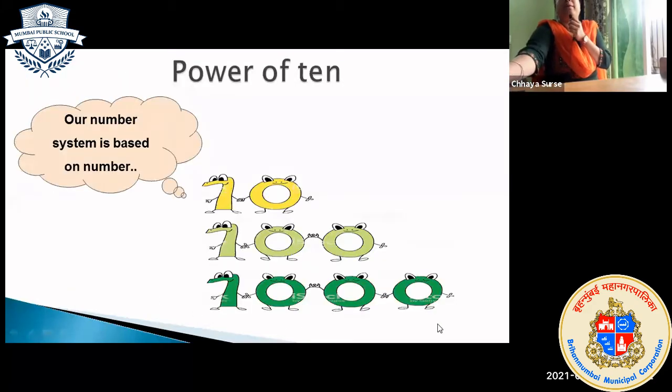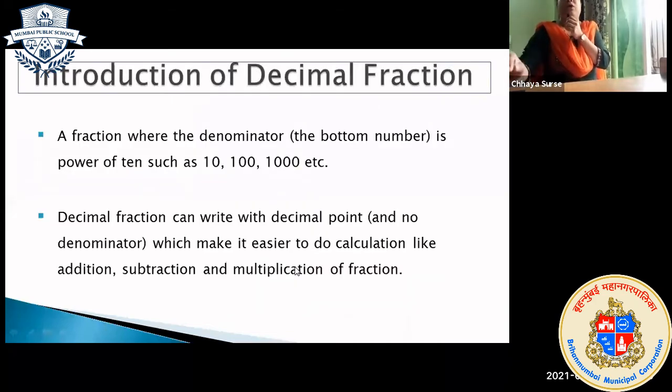So this is called the power of 10. Our number system is based on these numbers: 10, 100, 1000, 10,000. Clear? So the number having a power of 10 in the denominator place is called a decimal fraction.